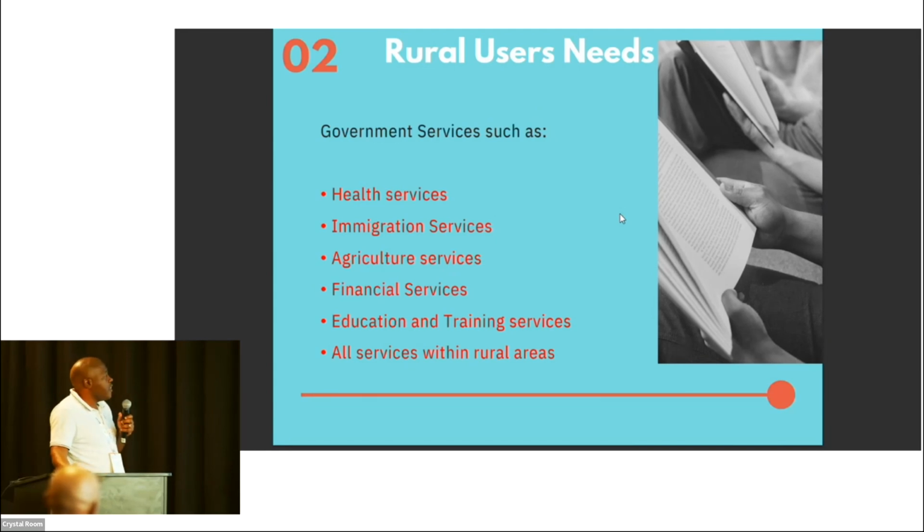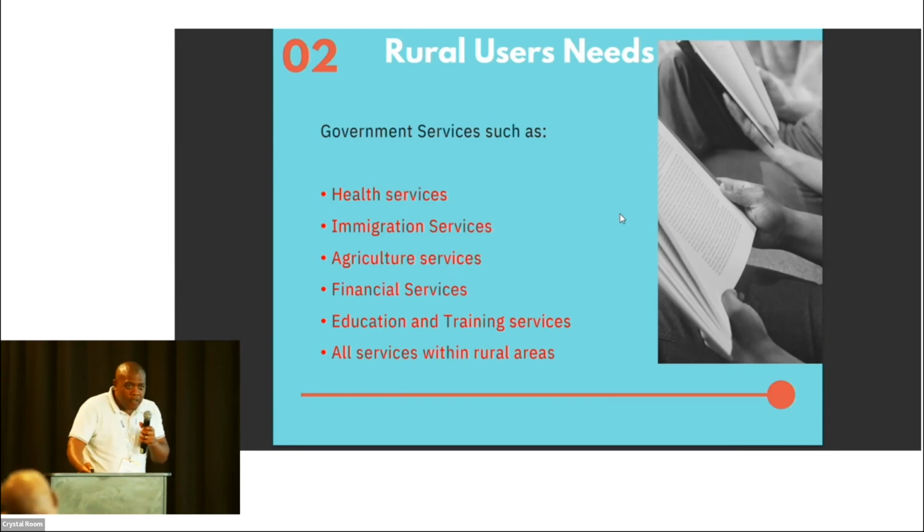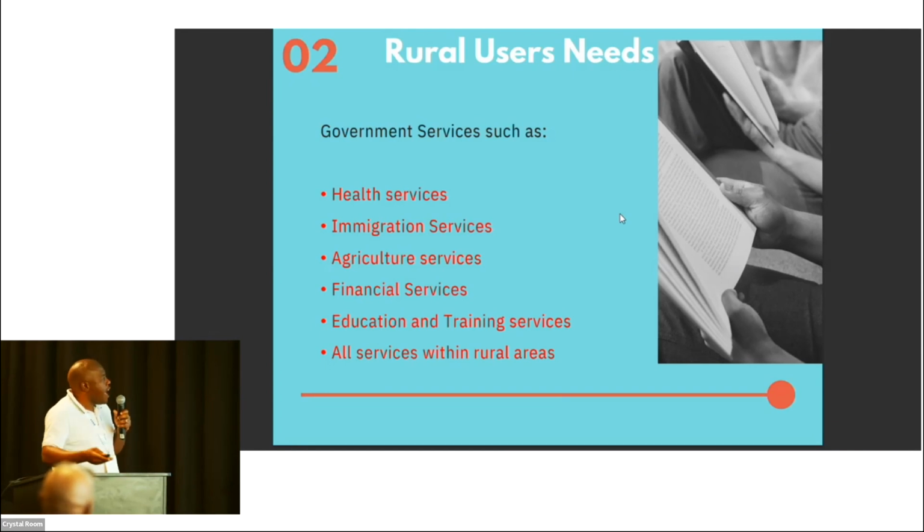Nowadays they have started talking about health services because they are seeing that some of the traditional ways they used to rely on are not working. They would want immigration services, agricultural services, finance services, education and training, and all services which can assist them to at least get employment.